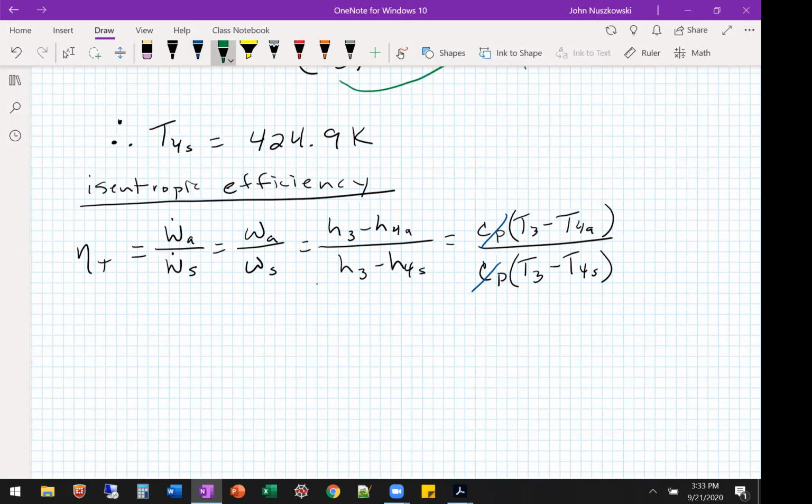If we look at this, we were given the isentropic efficiency. We were given T3, our max temperature, and we solved for the isentropic temperature at the outlet, T4S. So the only unknown in this equation is T4 actual.